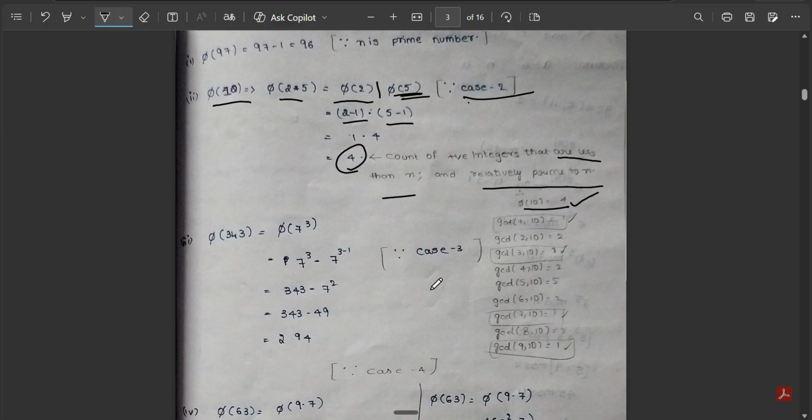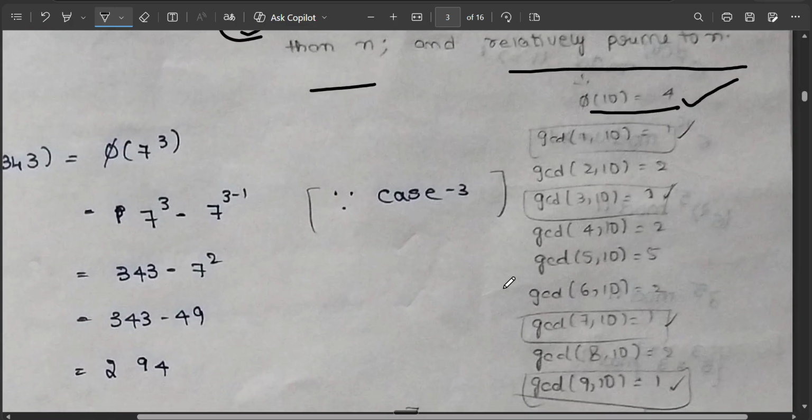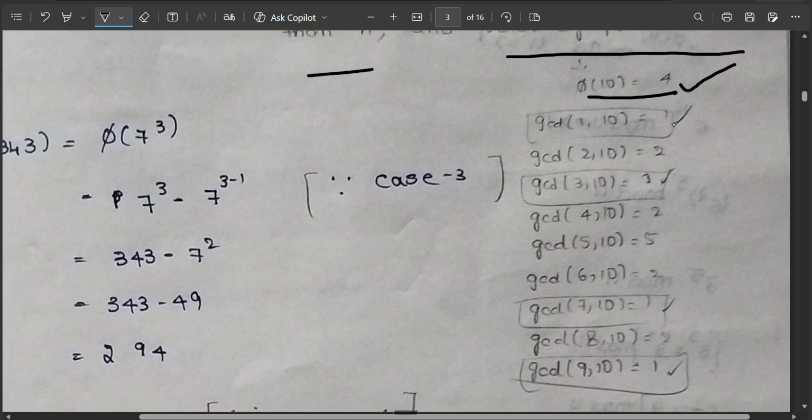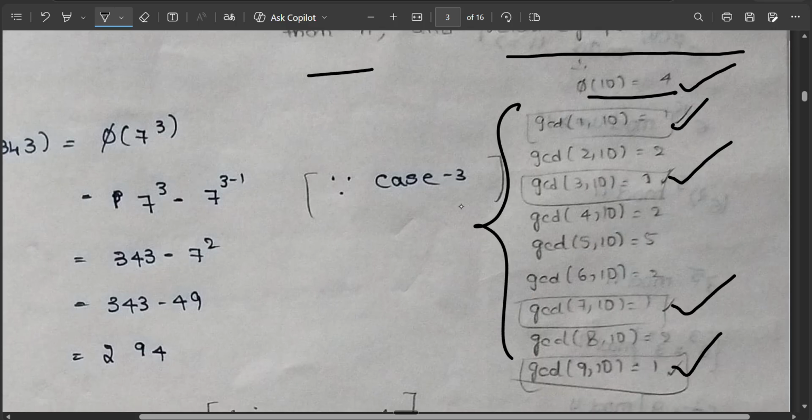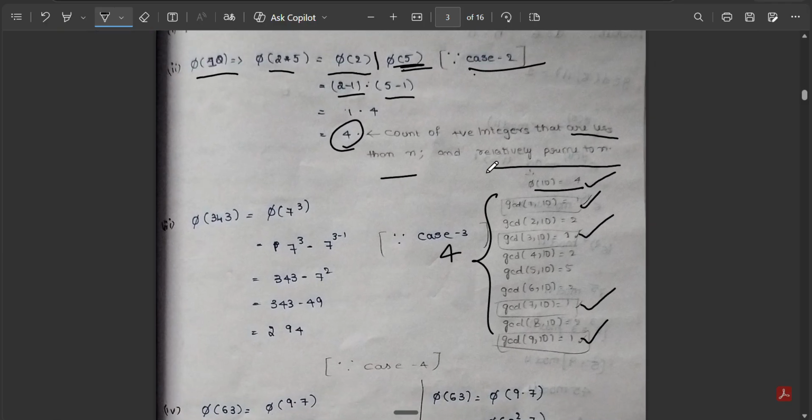When you find these GCD values, the GCD of 1 comma 10 is 1, 3 comma 10 is 1, 7 comma 10 is 1, and 9 comma 10 is 1. So what is the total count? 4. This is what our Euler Totient function states. So there will be n number of values which are relatively prime. What does relatively prime mean? When you take the GCD, you should get the value 1.